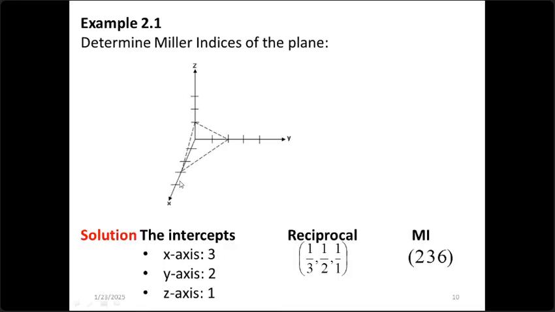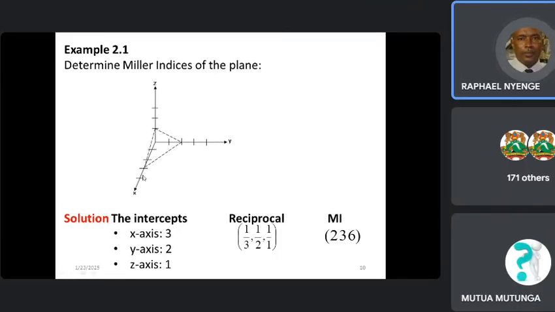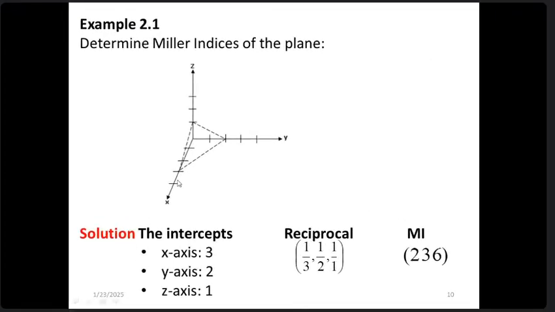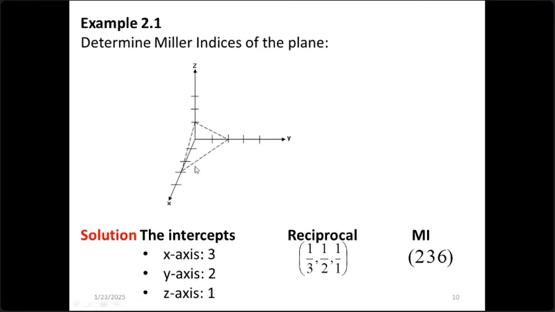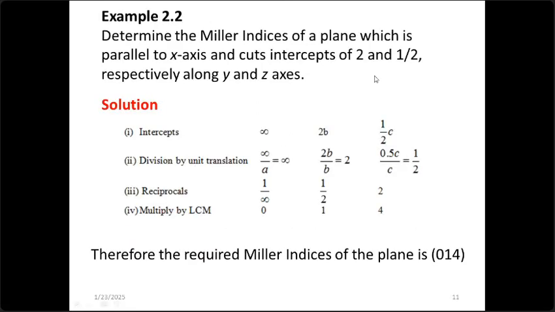So if a plane is parallel to this axis, where will it intersect the axis? Will it ever intersect? If it can intersect, we visualize it doing it very, very far, which we call in mathematics infinity.